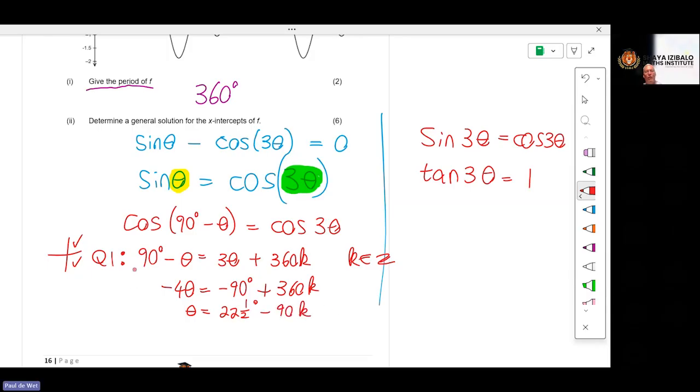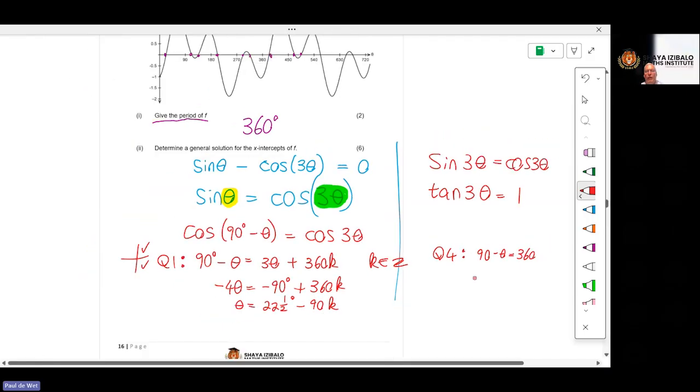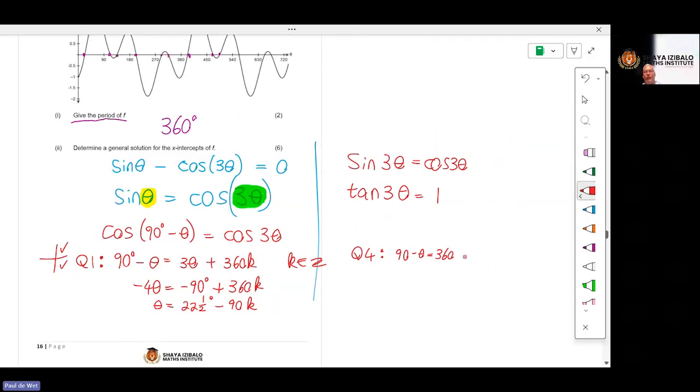What about quadrant 4? Look for quadrant 4. Okay. 90 minus theta is equal to 360 minus 3 theta plus 360K.